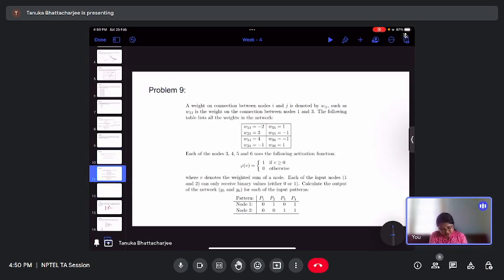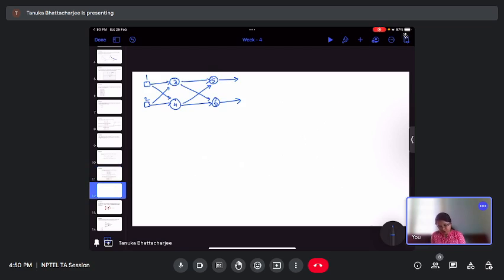Now the weight joining ij is given for all of this. The weight joining 1, 3 is minus 2, and 2, 3 is 3. So the weight joining node 1 to node 3 is minus 2, and node 2 to node 3 is 3.